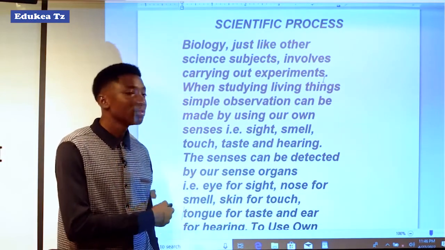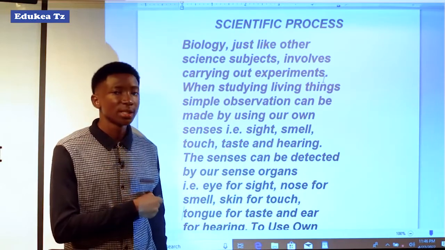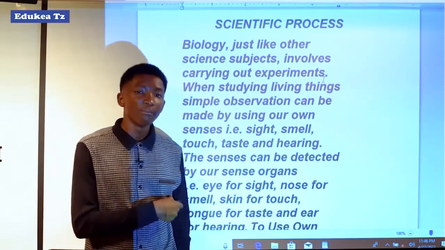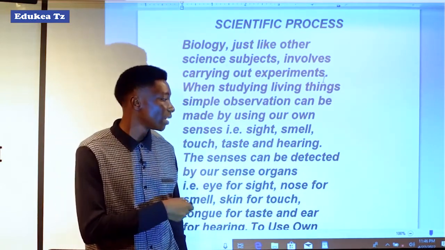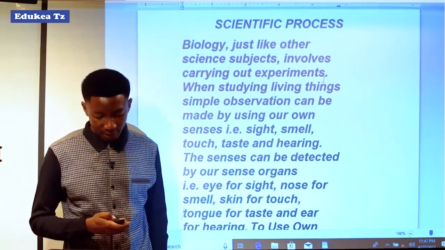So observations in the scientific process may be taken from the sense organs.